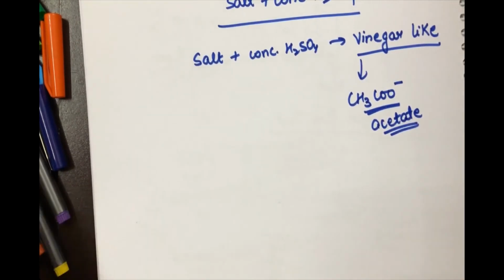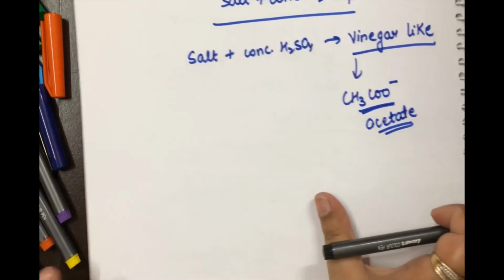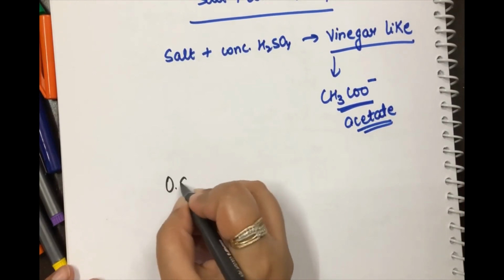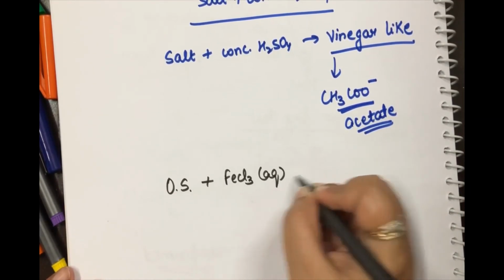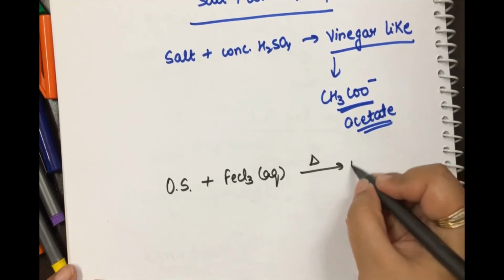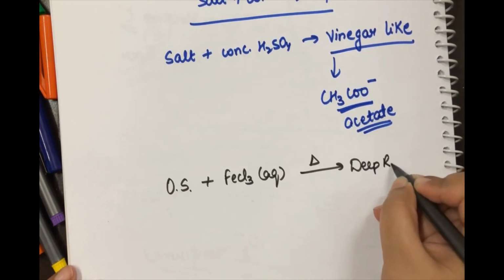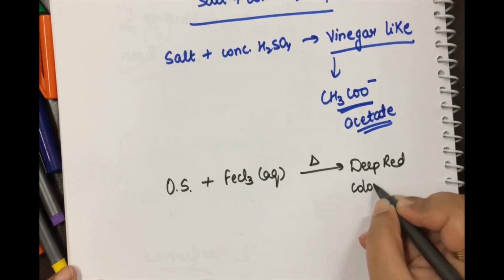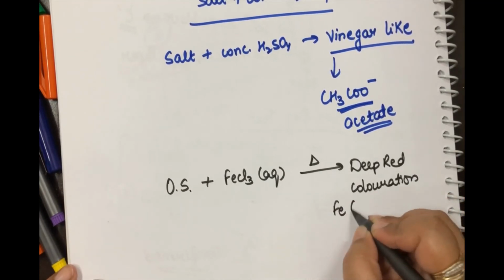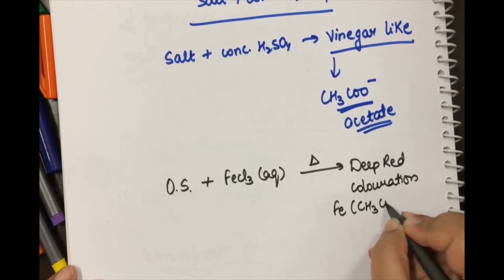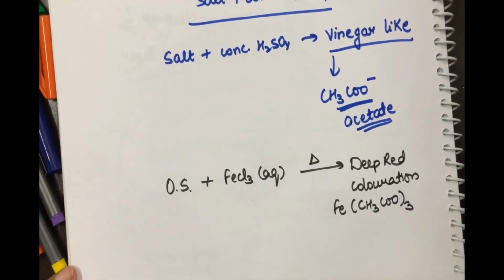So what will be the confirmatory test if I have to confirm it is an acetate ion? I will take my original solution. I will take FeCl3 solution, and I'll mix both of them. And if there is a deep red coloration, now why will this deep red coloration appear? It will appear due to the formation of this compound.